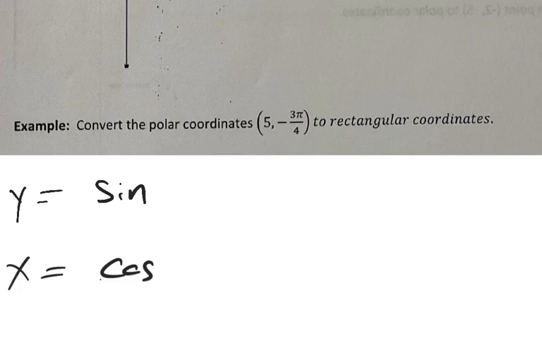Does that look familiar? Sine is the y, cosine is the x. This was true for the unit circle. What's the radius of the unit circle? 1. The radius of a unit circle is always 1. Is the radius of this always 1? No. So we have to also include the radius.